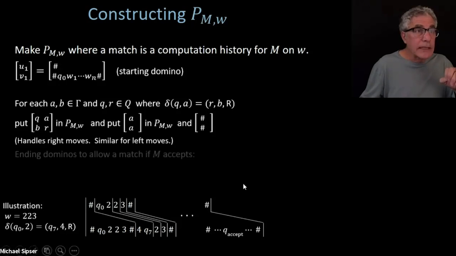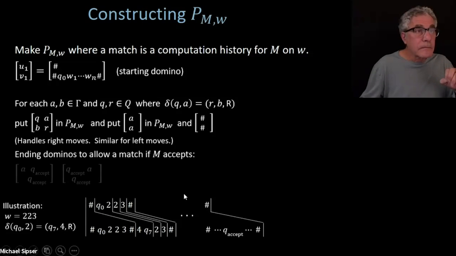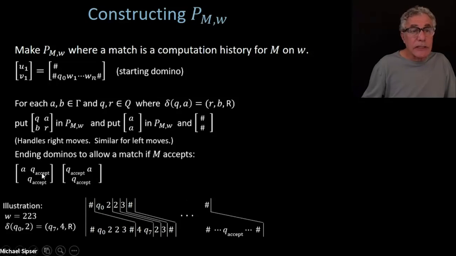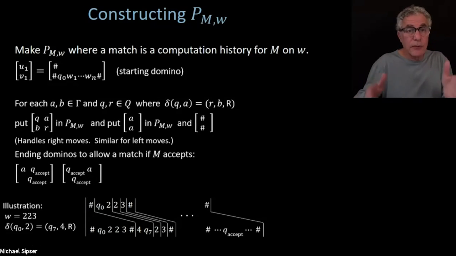Okay, and the way I'm going to get that effect, on the top, if I have any tape symbol next to a Q accept on either side, on the top, what I'm going to get you to write on the bottom is just Q accept with that tape symbol gone. And by repeating that, move after move, the actual tape is going to be shrinking.